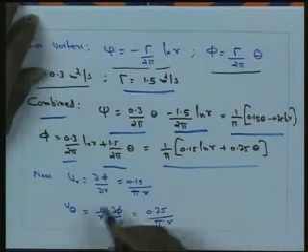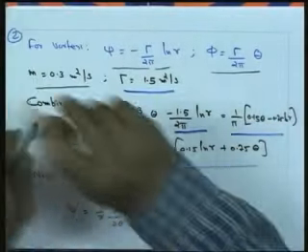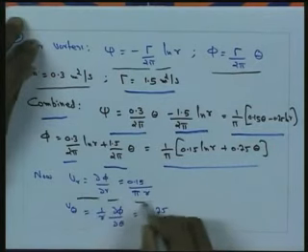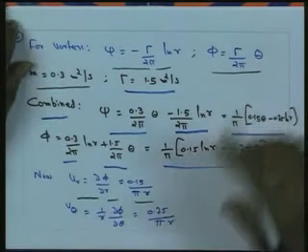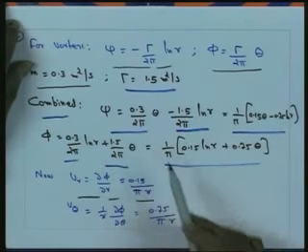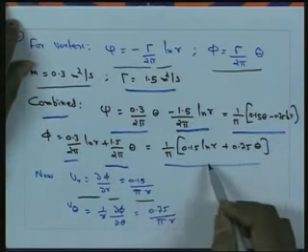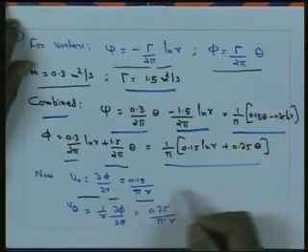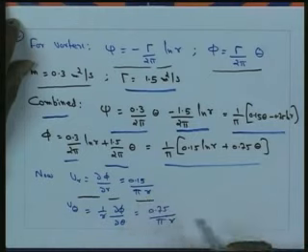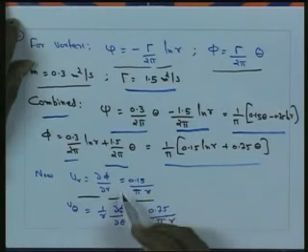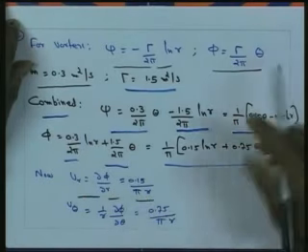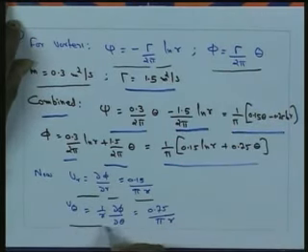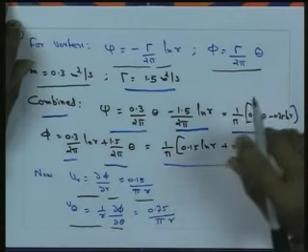For that we will first calculate the radial velocity. The radial velocity expression is Vr is equal to del phi by del r. If you differentiate this phi function, we will get Vr is equal to del phi by del r is equal to 0.15 by pi r. Similarly we can obtain the expression for the tangential velocity, V theta is equal to 1 by r del phi by del theta.